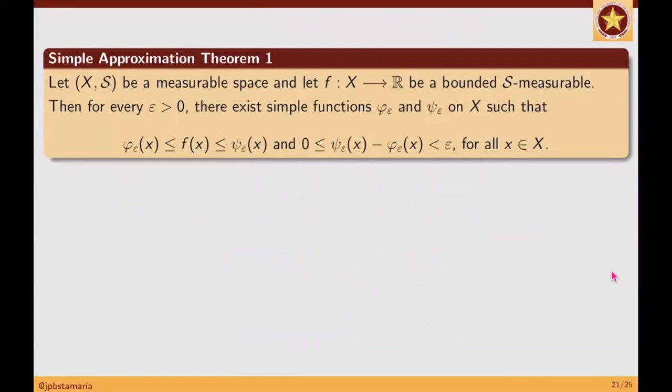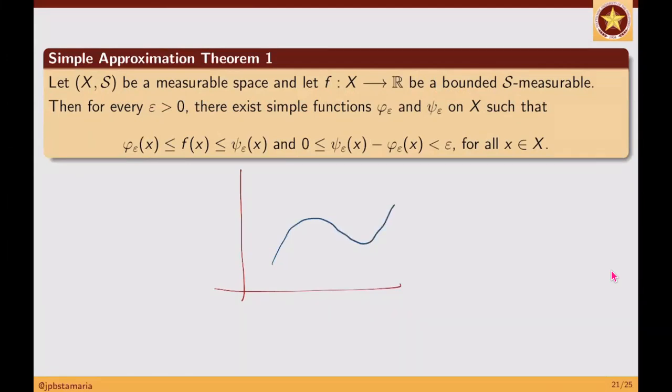So to be more specific, if you get a measurable, actually a bounded measurable function, f, no? So parang ito yung f. Let me just draw it for you.